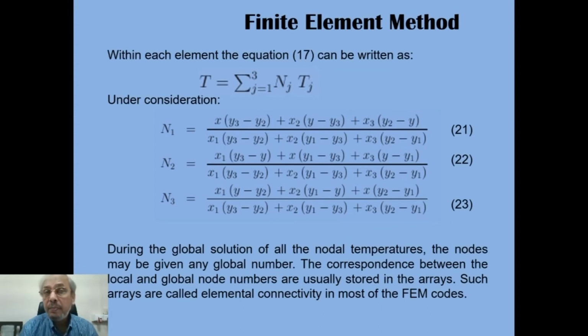The points have a global node number. So maybe in a domain you have 30 triangles and 50 or 60 points.